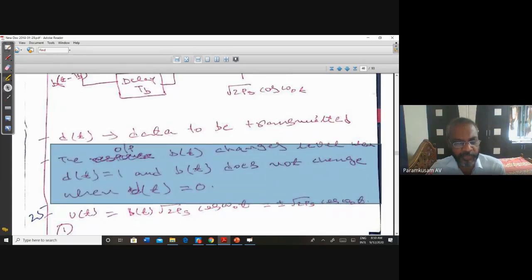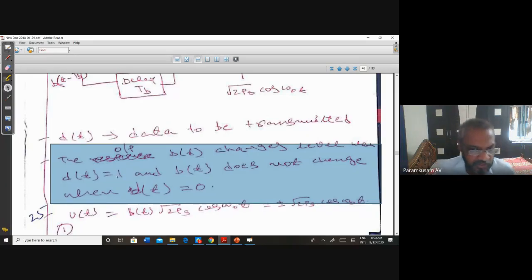The output B of t changes level when D of t is equal to 1.